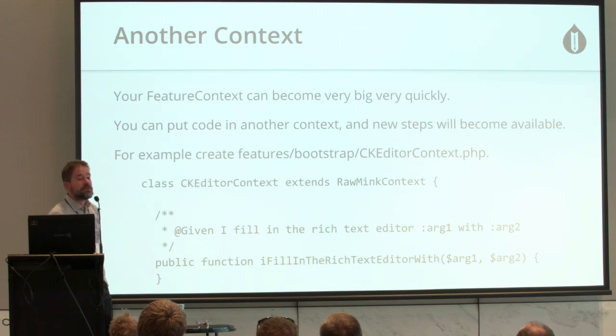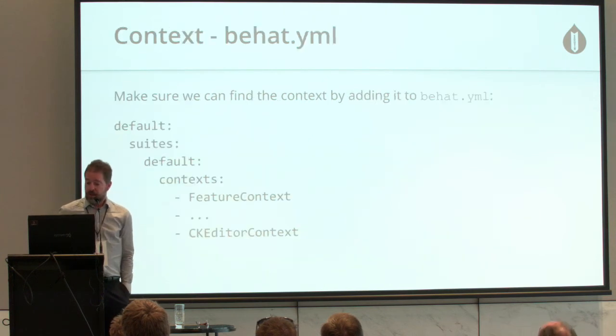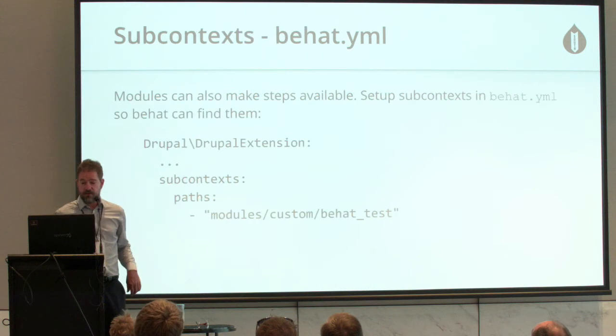Options to divide your code a little bit. The feature context file, that's where your custom steps go initially, may become very big. You can cut it up in various ways. You can simply create new PHP files to put custom code, and how to do that is all in this slide, so look at it later.